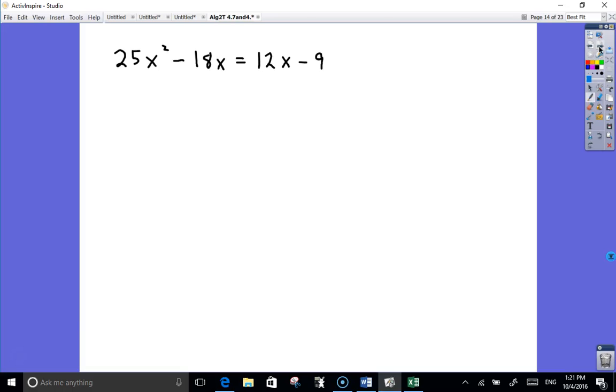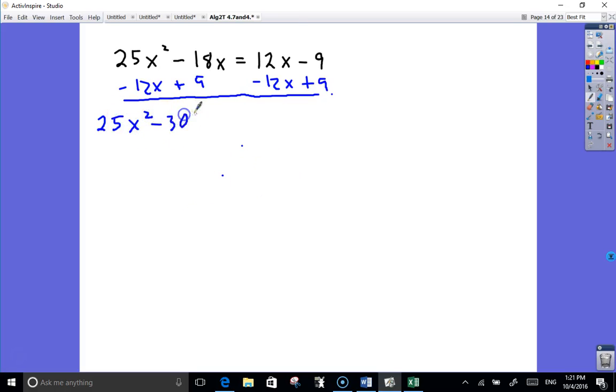Okay, so here's another one. What do I have to do to this one? Get the terms on the other side. So I'm going to subtract 12x and add 9 to both sides. So that's 25x squared minus 30x plus 9 equals 0.